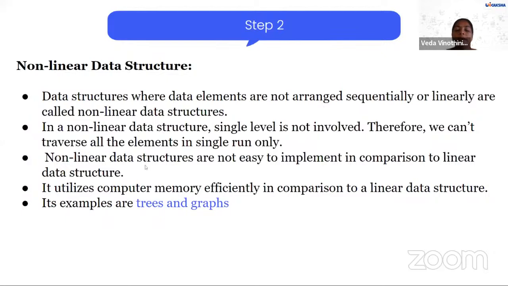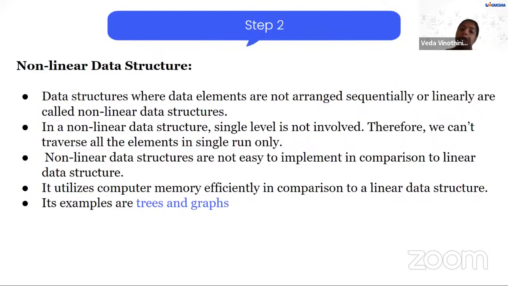Okay, so now we are moving to non-linear data structures. Non-linear means it is not in a sequential manner, it might be in a hierarchical way. Even though linear data structures are available, why are non-linear data structures introduced? That might be your question, right?